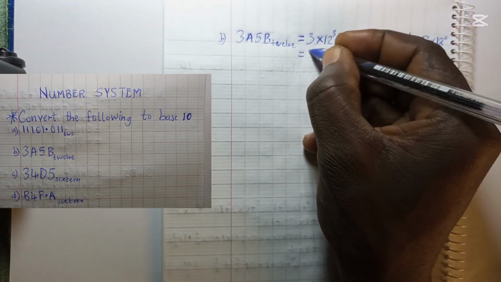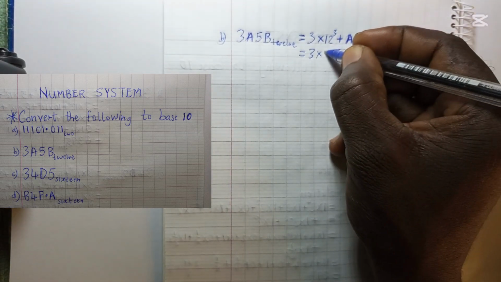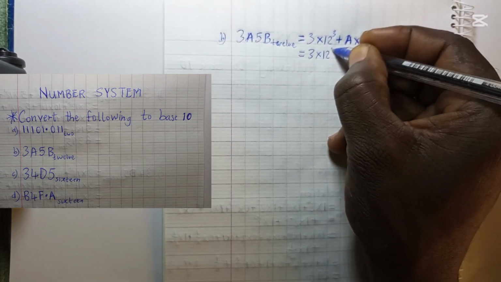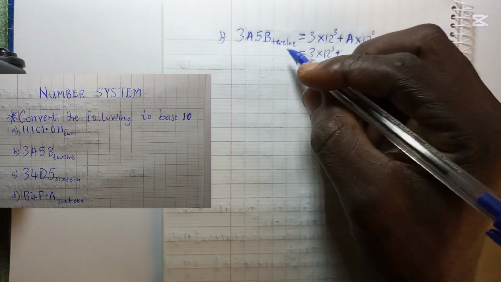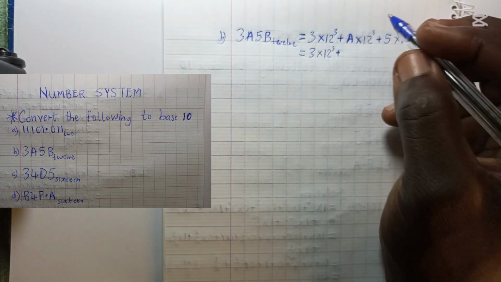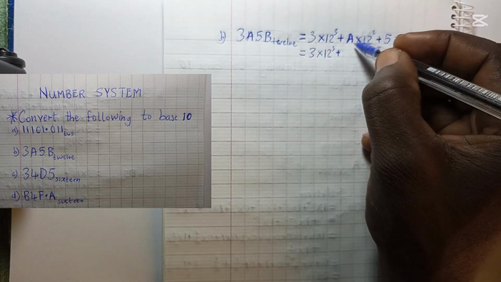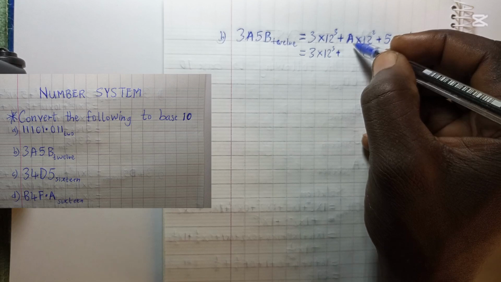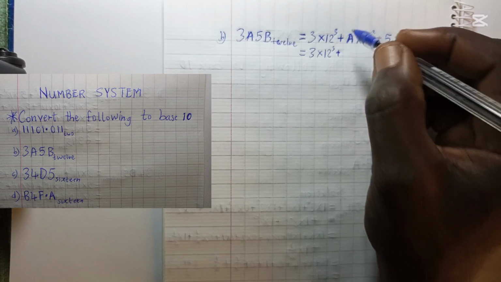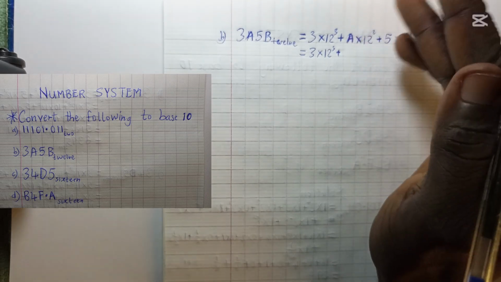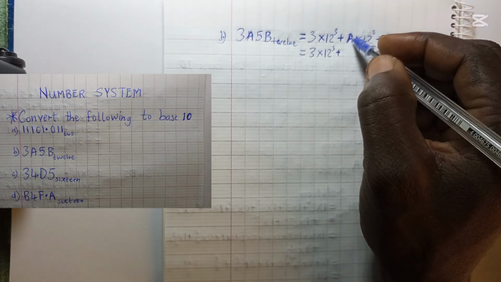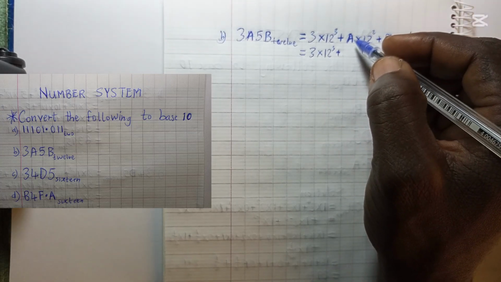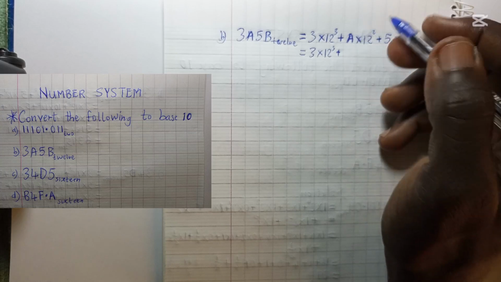That will give us 3 times 12 raised to power 3 plus, now we are working in base 12. In base 12, after base 10, from base 11, 12 and so on, they normally use letters to represent certain numbers so as to avoid mixing up numbers.